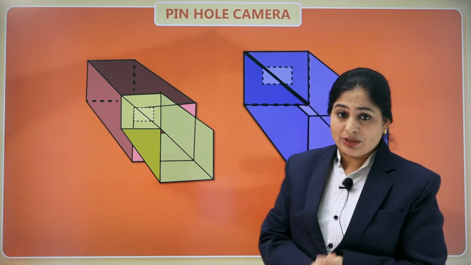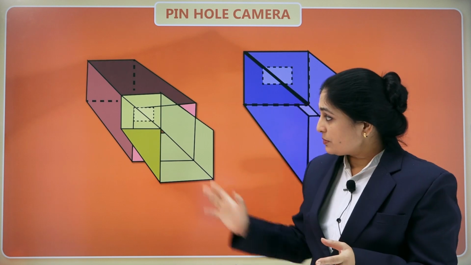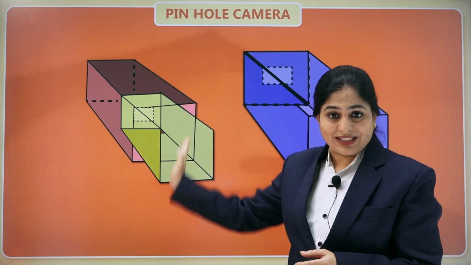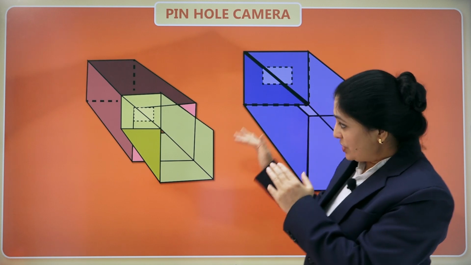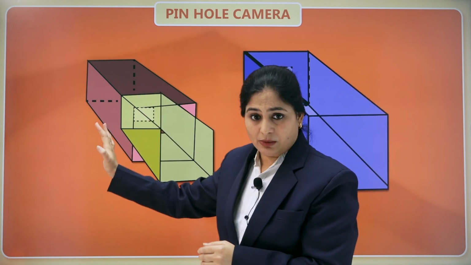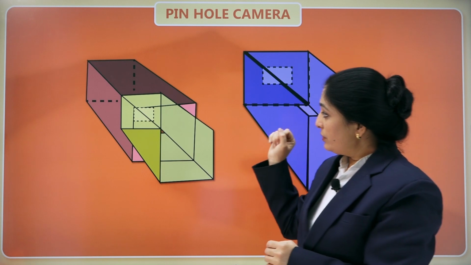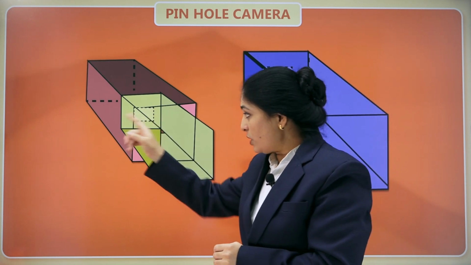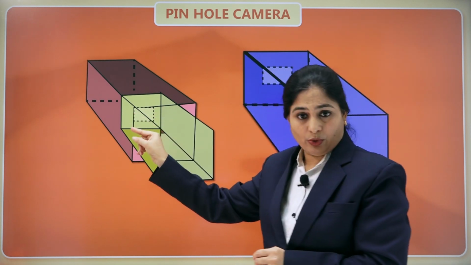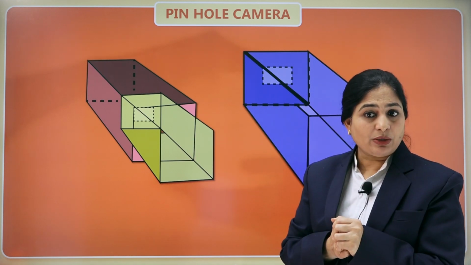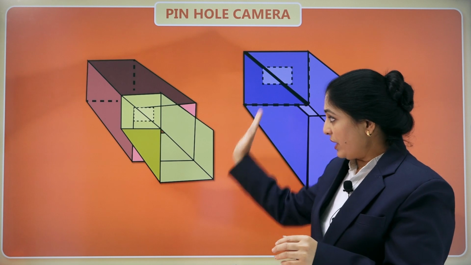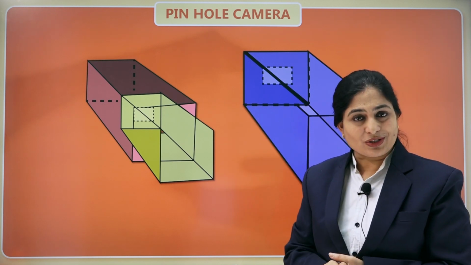So you take one box whose one side is open, make a hole, take another box which is a little bit smaller than the bigger box, and fit it in the bigger box with an open window, so that when light enters through this pinhole, we get the image on the other side of the box.